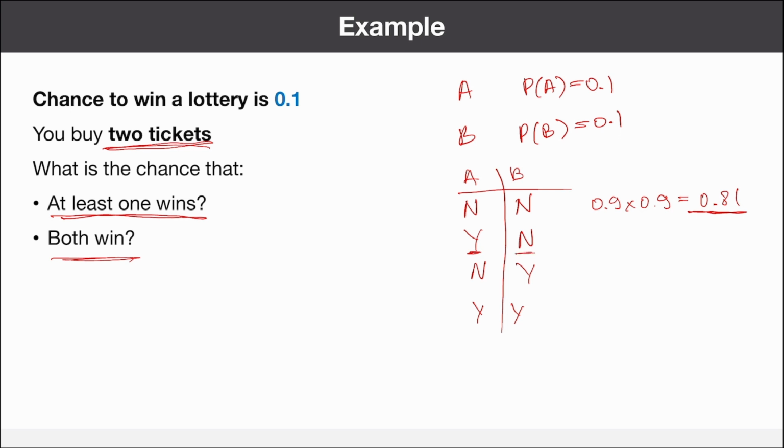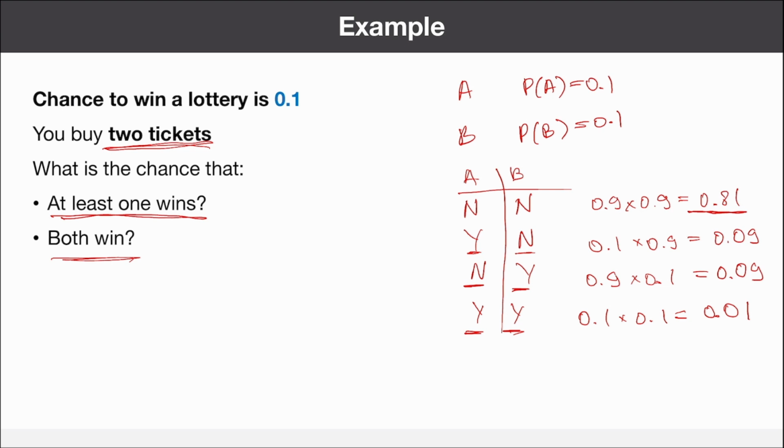It will be 0.1 times 0.9, which gives you 0.09. What's the chance that this will not win and this will win? It's 0.9 times 0.1, which gives you 0.09 again. And finally, what's the chance that both will win? It will be 0.1 times 0.1, which gives you 0.01.